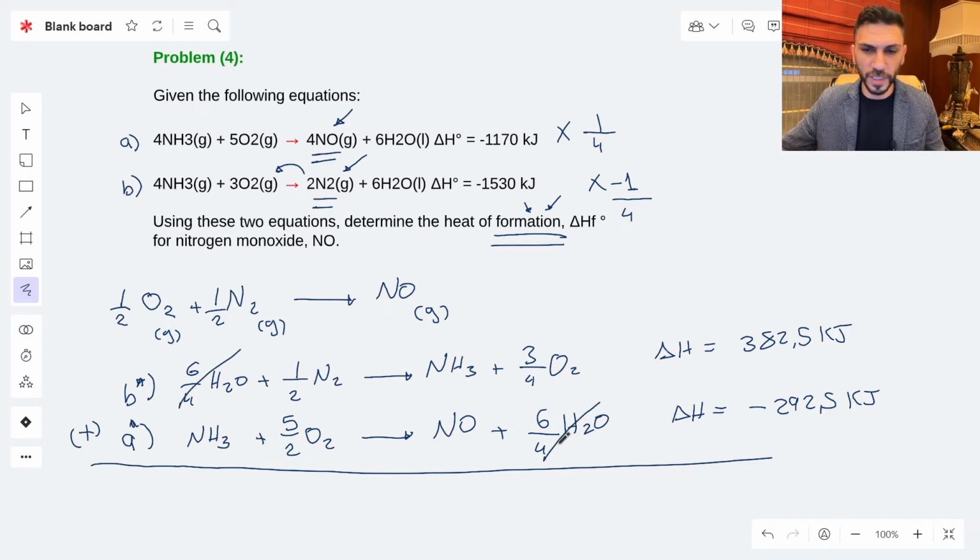6/4 H2 and 6/4 H2 cancel, half N2 we have it. NH3 and NH3 cancel each other.